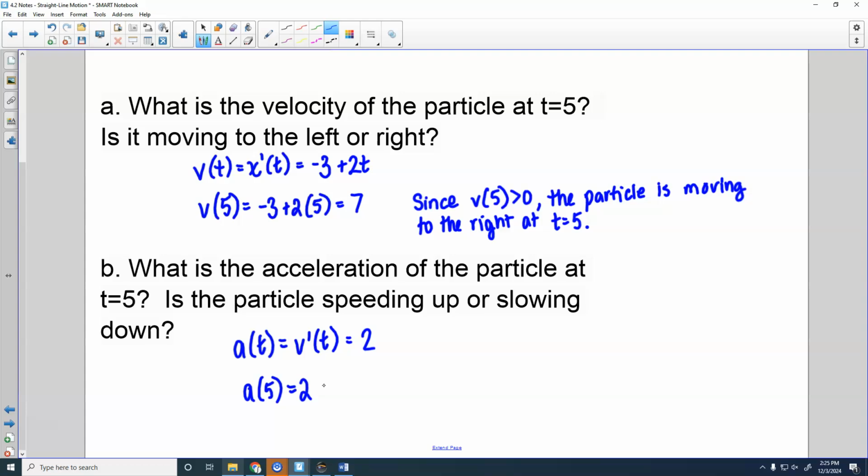Okay, so if our acceleration is positive, what do you think is happening, speeding up or slowing down? It's speeding up. But that assumption is only true because we're moving in the positive direction. Okay? So this to me is tricky to think about.